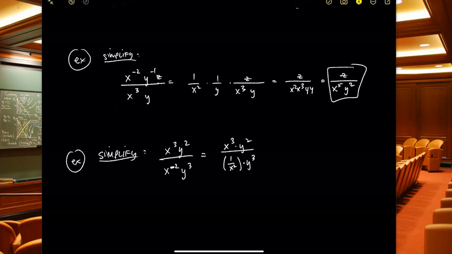Now you might see we've got a fraction within a fraction. That's okay, right? That is okay. Because what does this really mean? Well, it means that I have this whole thing over y cubed times 1 over x squared.